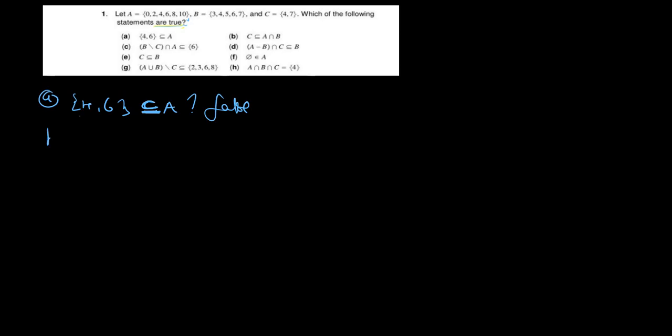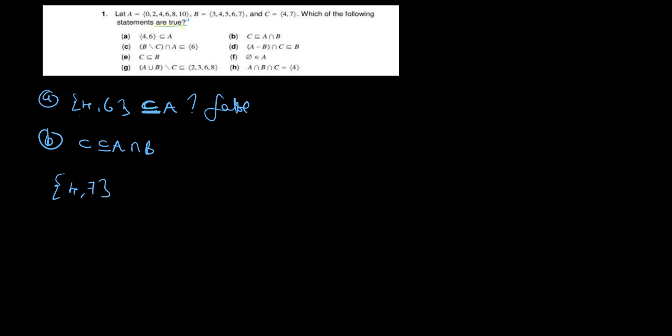So the other one is we are solving B. It is saying C is a subset or equal to A intersection B. Let's list the members of C first. The members of C are 4, 7.